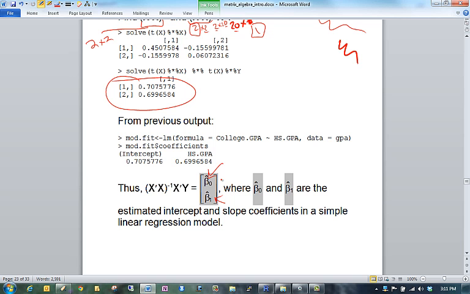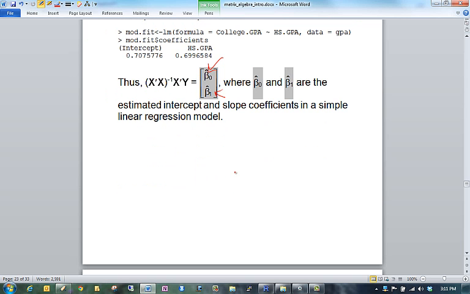If you have, you're very familiar with it. In fact, when I first had a course like that, my professor made all students repeat over and over again, x prime x inverse x prime y, because it's such an important result, and you need to know what it is when you do regression analysis.